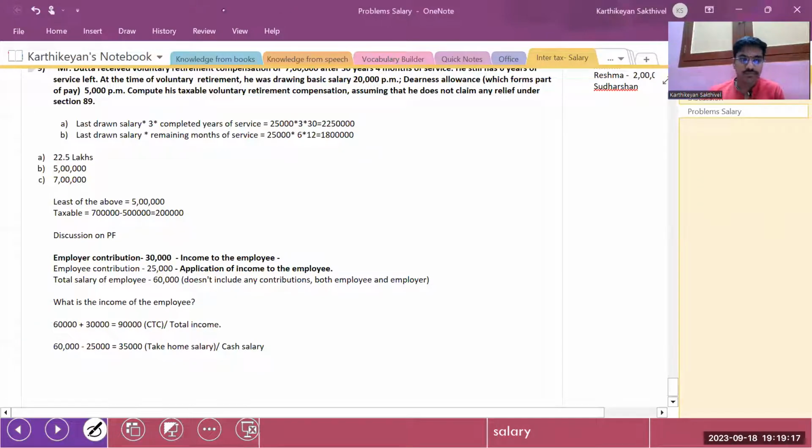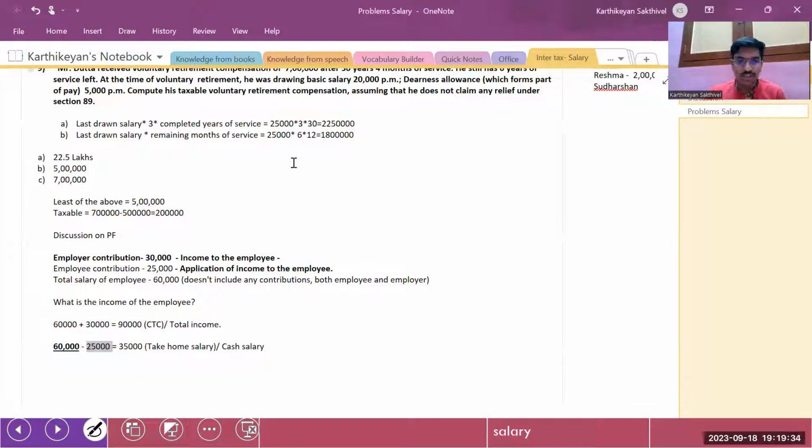Yes, sir. Now here, if you look at what salary you are going to tax, you will tax only 60,000, correct? Yes, sir. So if you are just going to tax 60,000, that 60,000 will include this 25.